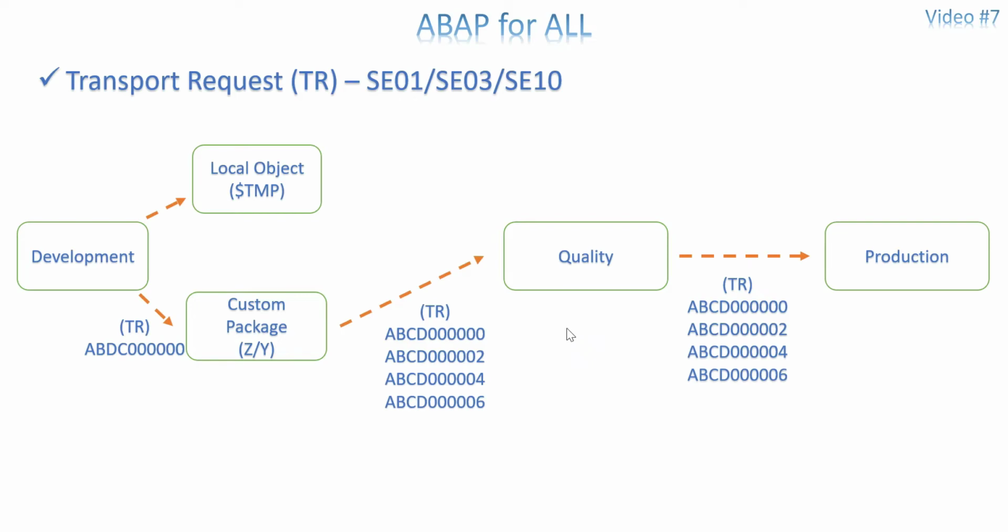If you want to move a single object, a small program or a small data element or a domain, you need a custom package, and the object must also be associated with the transport request. So hope it's clear what a transport request is: TR or CR, change request or transport request. And these are the three transaction codes for your transport request: SE01, SE03, and SE10. Mostly we go with SE01.